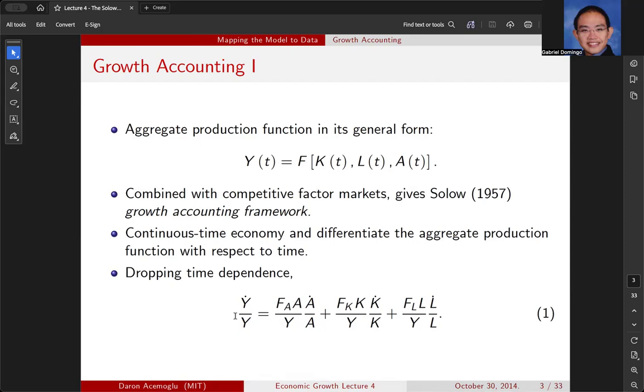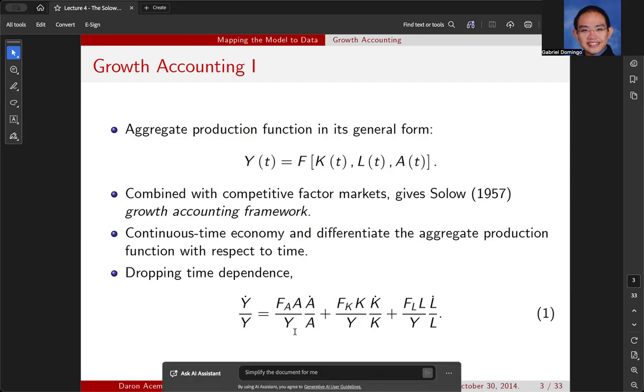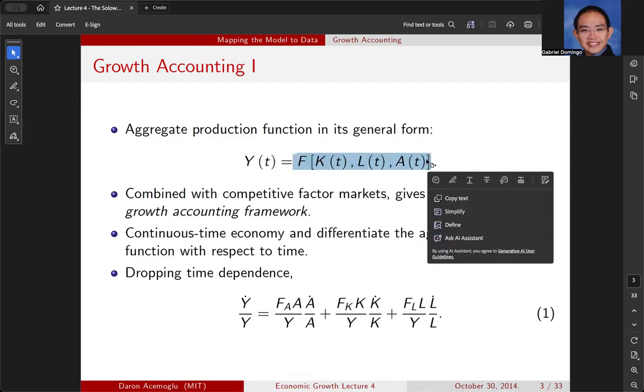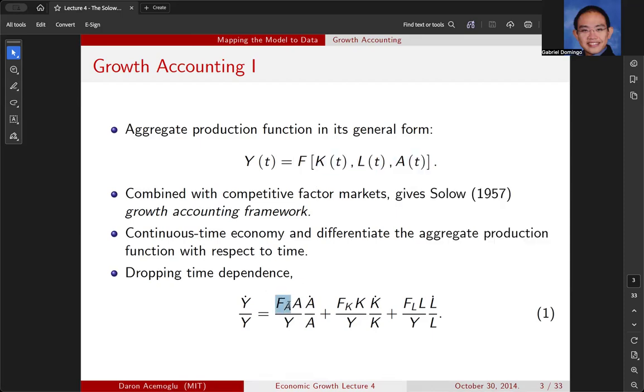So if you can imagine, the left hand side is really just Y dot, which is the derivative of Y with respect to time. And then let's just talk about the first term. This first term is the derivative of the production function with respect to A. That's F_A right there, right?